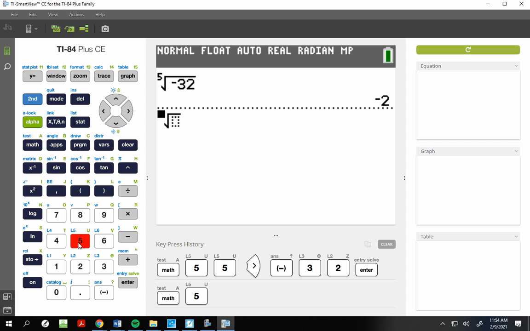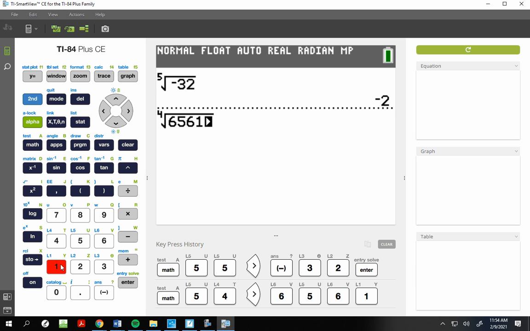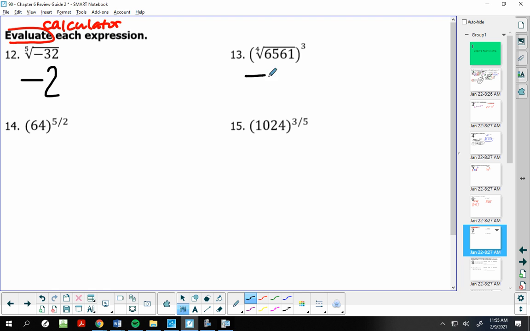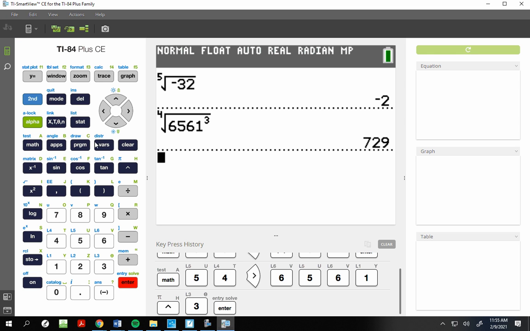So math 5 again. The 4th root of 6561 raised to the 3rd power. And we get 729. And it doesn't matter whether you guys put the 3 under the radical or on the outside. Now 64 raised to the 5/2 power.